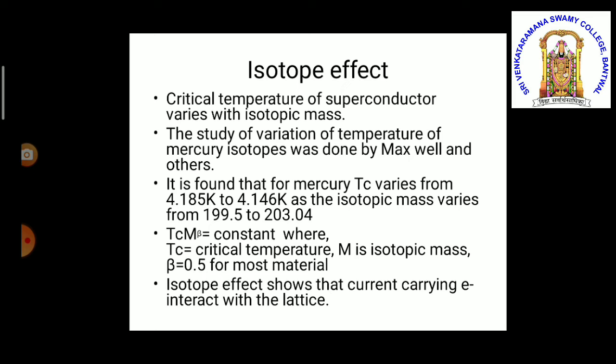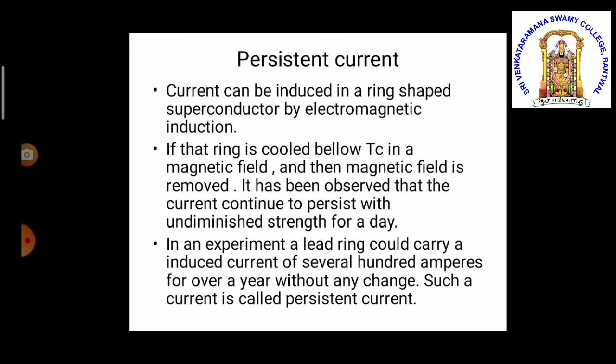A relation was given which connects critical temperature and isotopic mass: Tc m to the power beta equals a constant, where Tc is the critical temperature, m is the isotopic mass, and beta is a constant equal to 0.5 for most materials. This effect shows that current carrying electrons interact with the lattice, because the number of neutrons increases as the isotopic mass, the mass number, increases.